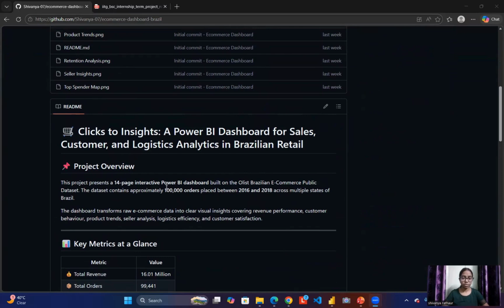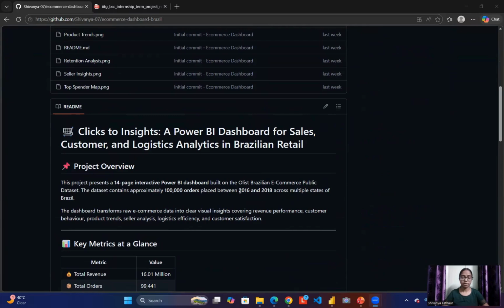The company has a very large data set, approximately 1 lakh plus order records from the year 2016 to 2018. But the problem is the whole data set was logged inside a spreadsheet file. Because of that, managers could not see the bigger picture of the data set.